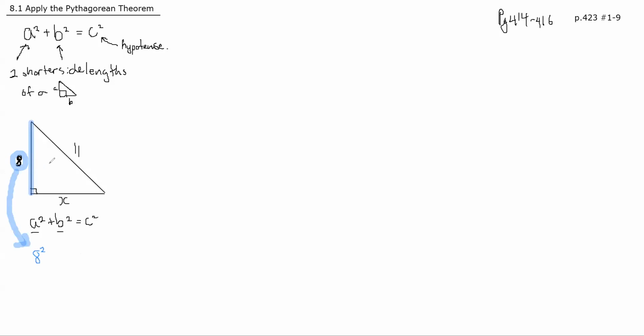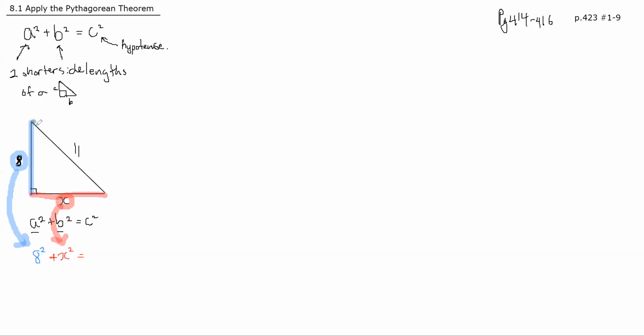Next, using a different color, x is another shorter side length that is not the hypotenuse. So I'm going to place that where it belongs, which is b, plus x squared equals. And lastly, I'll choose green.